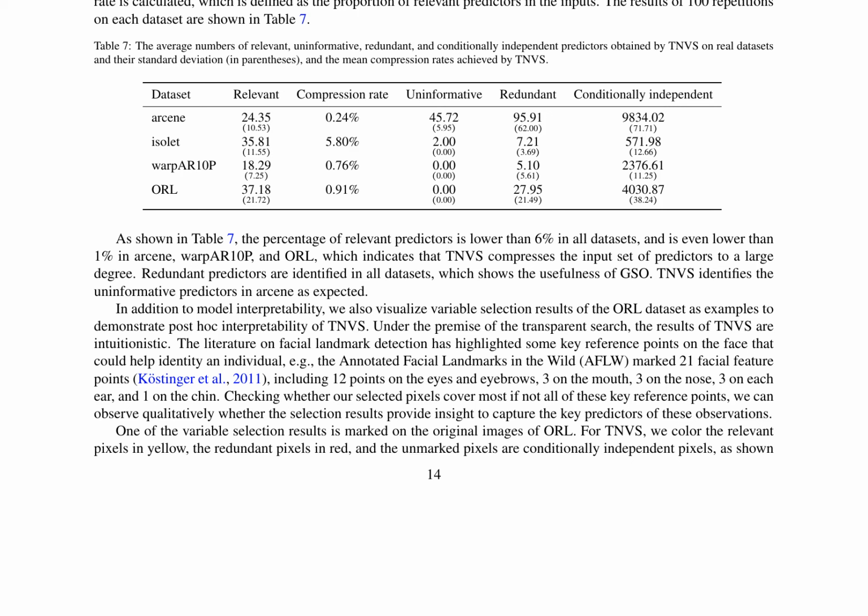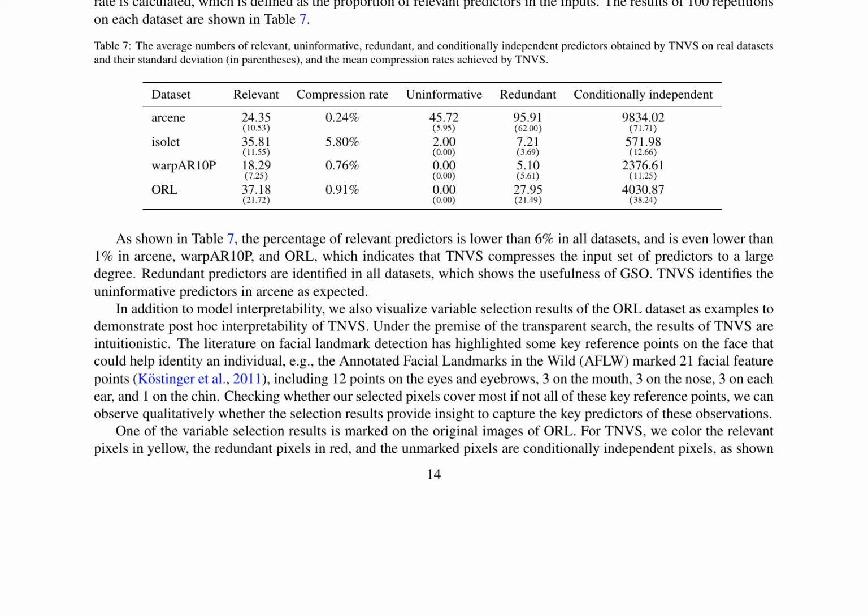The results, presented in Table 7, show that the percentage of relevant predictors is lower than 6% in all datasets, indicating that TNVS compresses the input set of predictors to a large degree. Redundant predictors are identified in all datasets, demonstrating the usefulness of the group sparsity optimization (GSO) component.